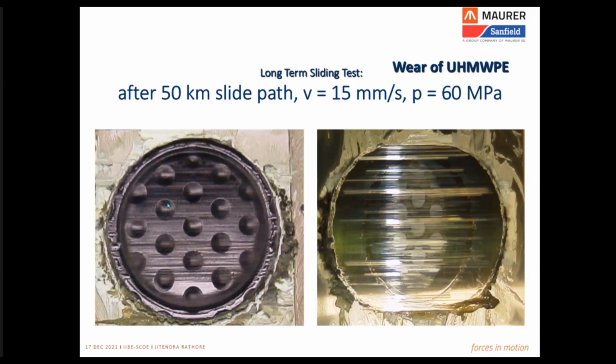You could see very well the dimples, which are there up to half the thickness of the material for holding the grease, which is used for lubricating the surface. And even the mating SS, stainless steel surface is showing the continuous movement or shining marks, or you can say polished marks, because of the continuous movement over this material.